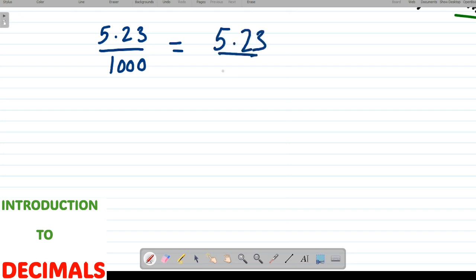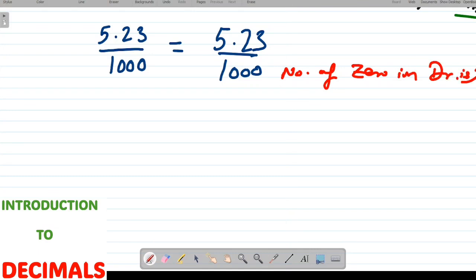What is the number of zeros? Number of zeros in the denominator is 3, right?